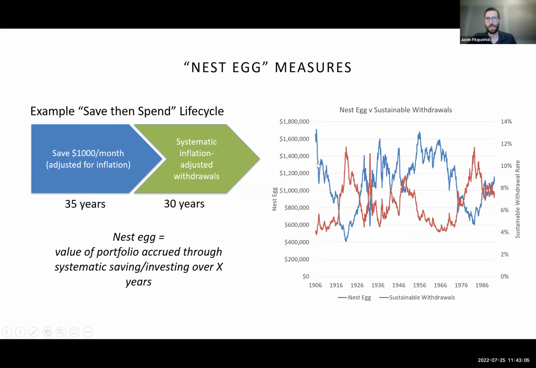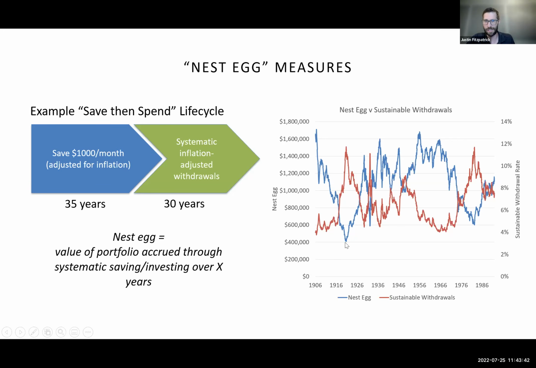The blue line here shows if someone had spent 35 years saving systematically $1,000 a month adjusted for inflation, which I get is probably not what most people do. But this is just a way to measure previous sequence of returns. For example, the first one here is 1906. That's the retirement date. For the 35 years before that, that person had been saving $1,000 a month, and they had quite a bit, above 1.6 million in inflation adjusted dollars.